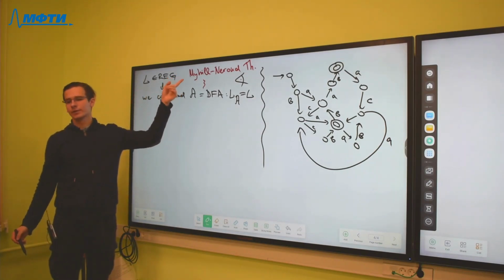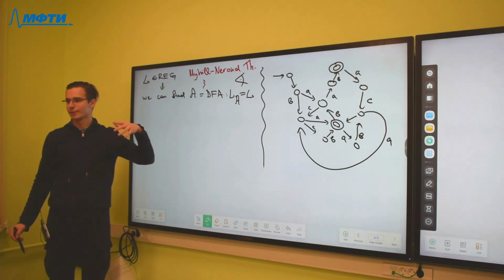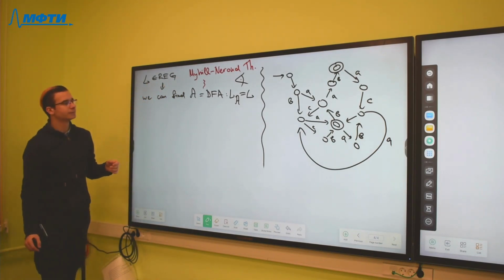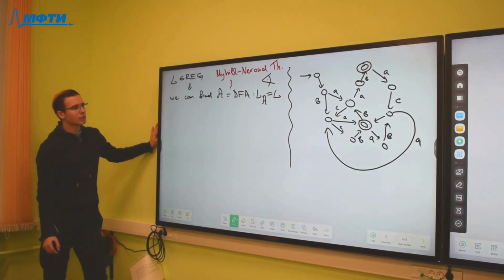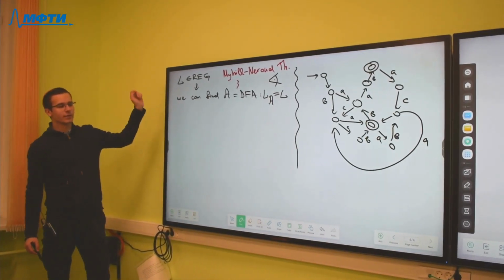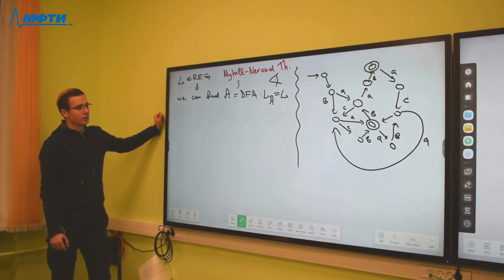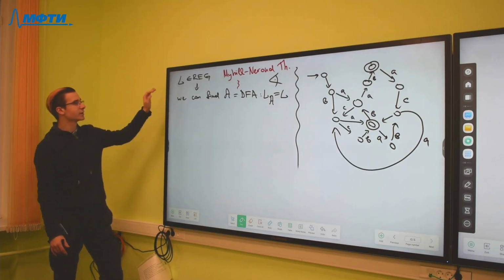This theorem is connected with the structure of the regular languages. It's about an equivalence relation on the set of the words that is connected with the language.